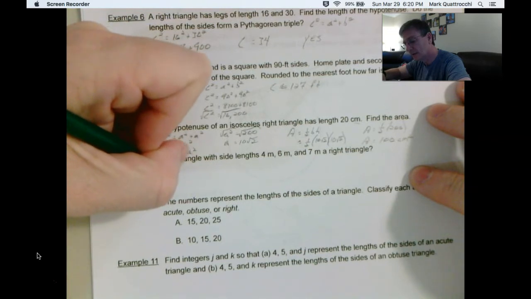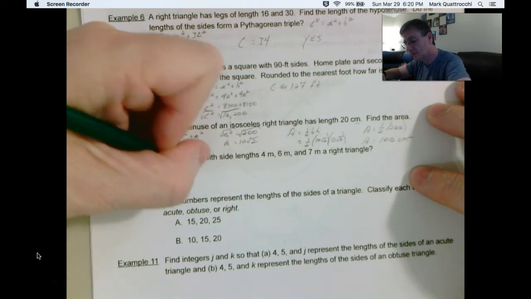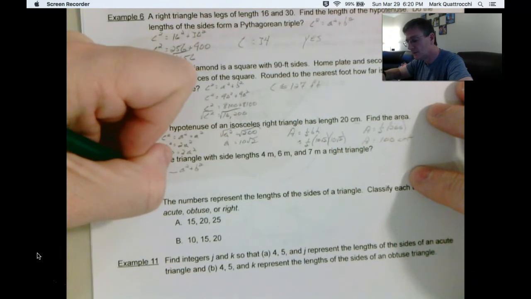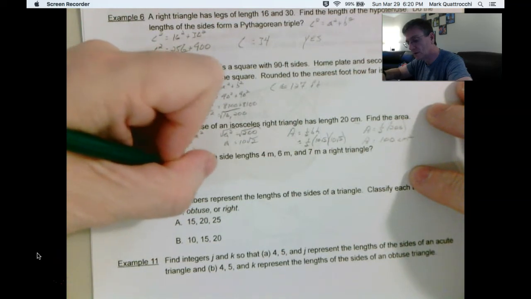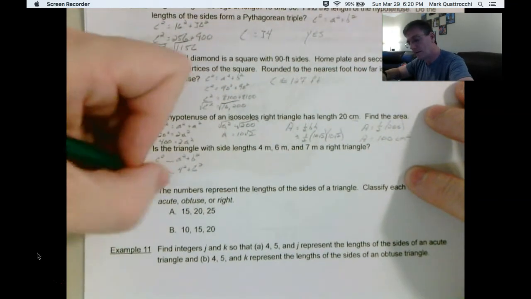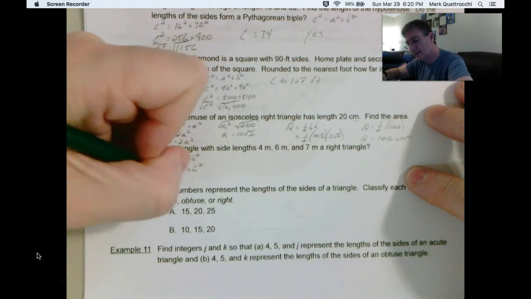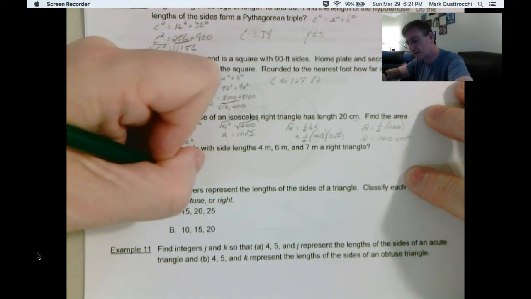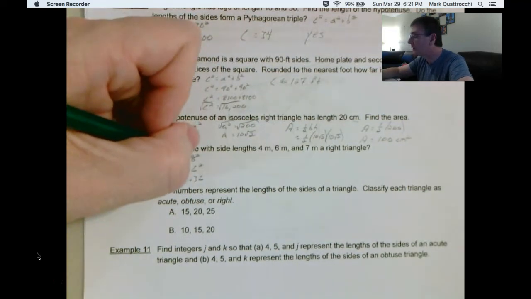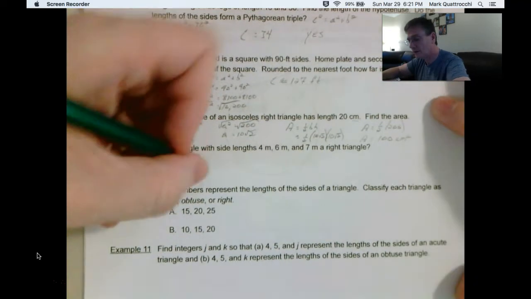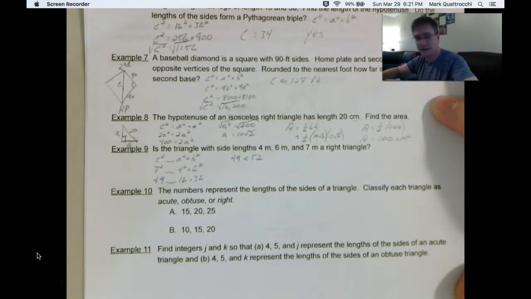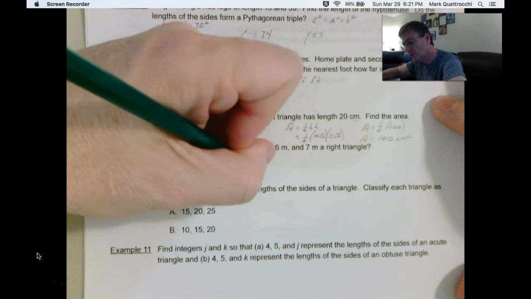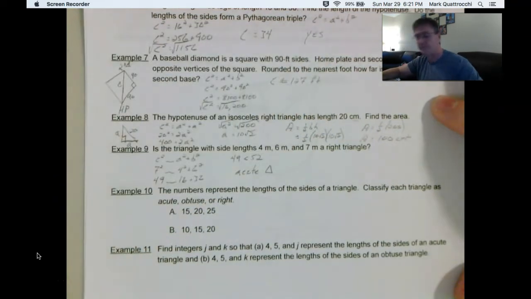C squared blank a squared plus b squared. 7's the biggest number. 7 squared blank 4 squared plus 6 squared. 49 blank 16 plus 36. 16 plus 36 is 52. 49 is smaller than 52. It's less than 52. Therefore, this is not a right triangle. It is an acute triangle.